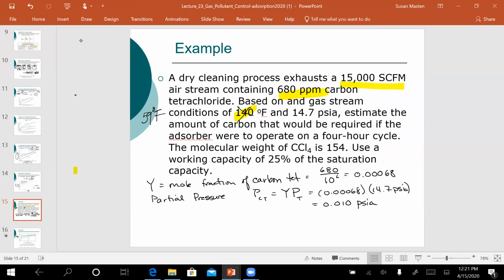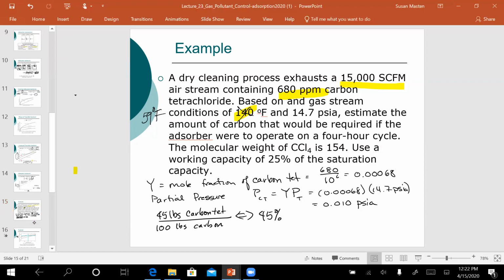That means that 45 pounds of carbon tet can be sorbed onto 100 pounds of carbon. Or 45 kilograms of carbon tet sorbed onto 100 kilograms. So that's from that 45%.